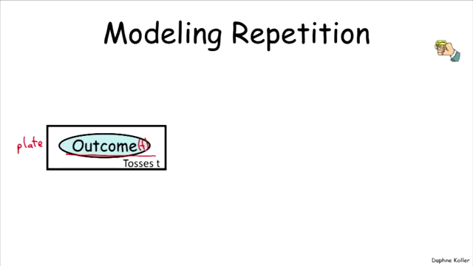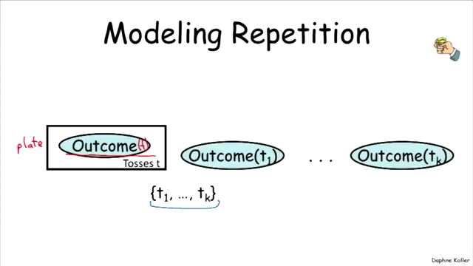Looking at what that model denotes, if we have a set of coin tosses T1 up to Tk, it says that we have a set of random variables, outcome of T1 up to outcome of Tk. We've just reproduced the outcome variable in its multiple copies. Now, what does that explicitly correspond to?